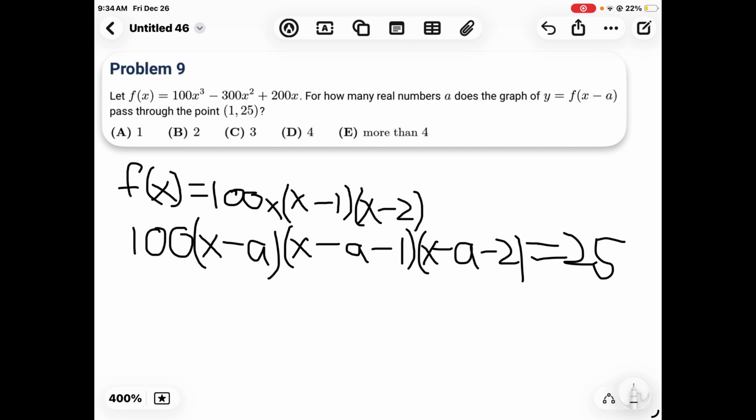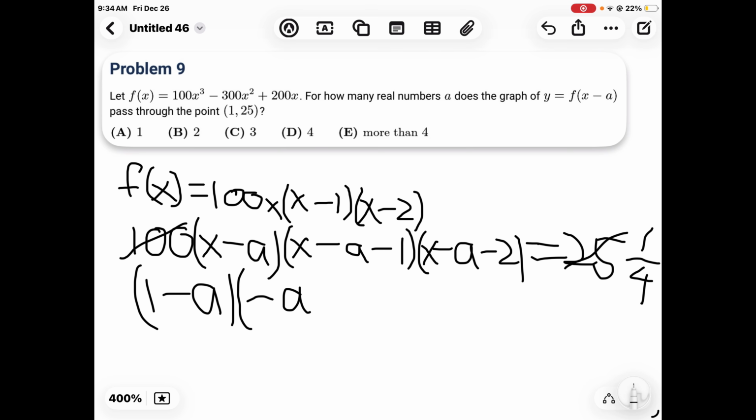So here we have 1 out of 4, and then let's plug in x is equal to 1. So 1 minus a, negative a minus 2 is equal to 1 out of 4. Now, since this is a cubic, you could just go in and guess that it's 3, but here we will prove it by drawing a graph.